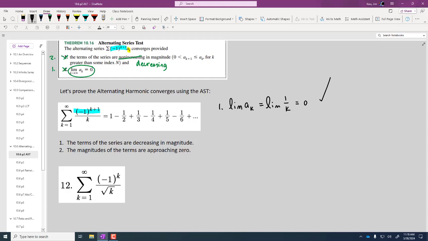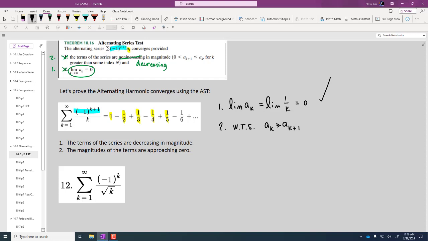Now the second part is to show that the terms are decreasing in magnitude. When we say the terms are decreasing in magnitude, we're thinking about, again, ignoring the minuses. We're trying to show that those are decreasing in magnitude. So here's what we want to show, and I will write it in this direction.